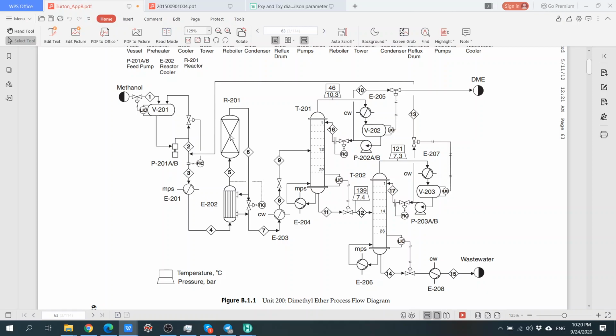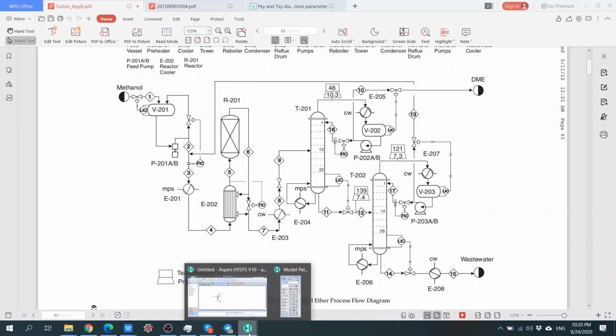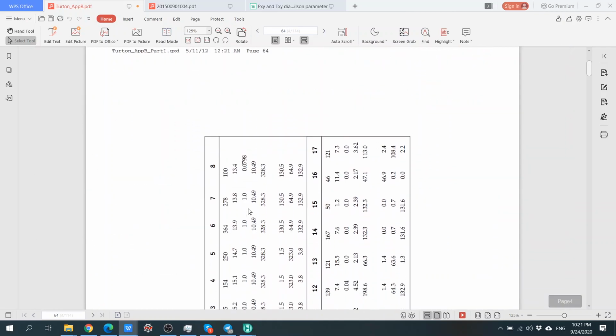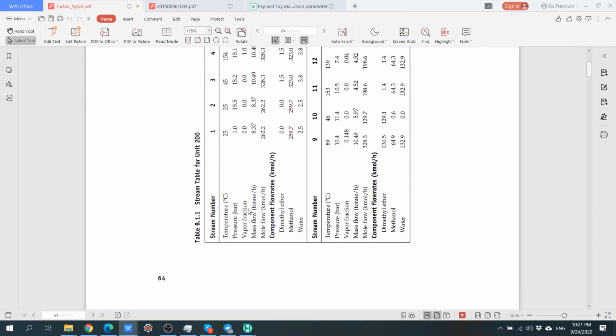The DME, being the lightest, will be separated in this first column, the DME column, and then the water and the unreacted methanol go to the second column, where the methanol is taken at the top and recycled back, and the water goes away. Okay, very simple. So methanol stream number 1.